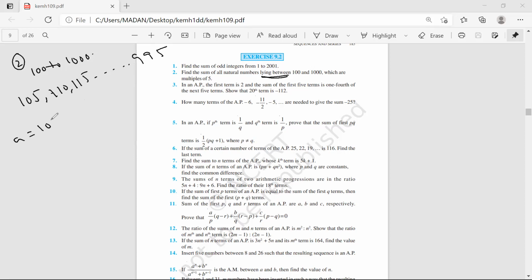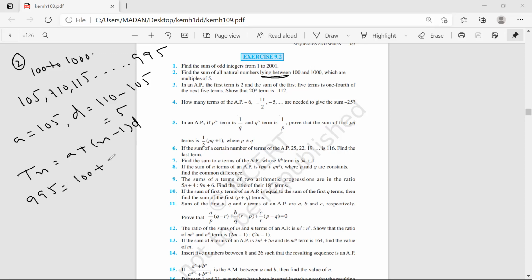Same procedure. First term, common difference is second term minus first term, 110 minus 105, 5. Tn formula, a plus n minus 1 into d. The last term is 995. Here a is the first term, n minus 1 into d where d is 5.